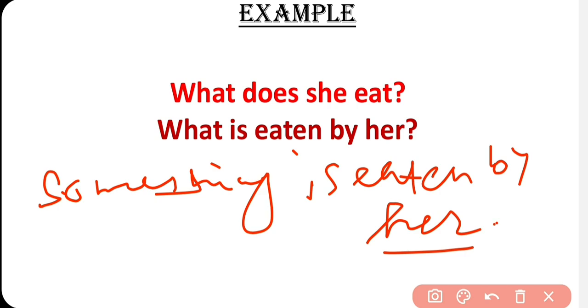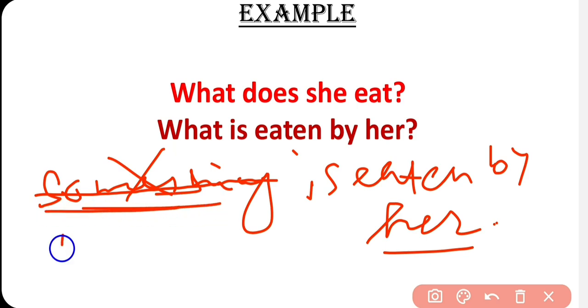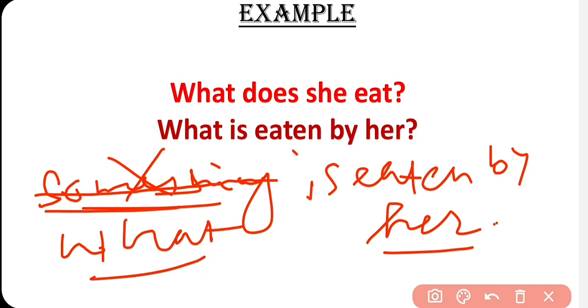Now what you have to do? You have to remove this something, and in place of something you have to put the WH word, that is what. So what is eaten by her? Just you have to make it interrogative by this sign.